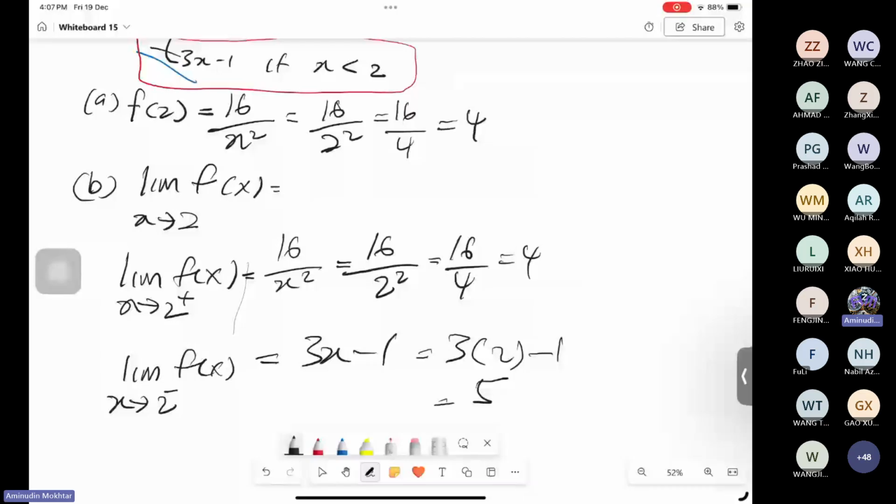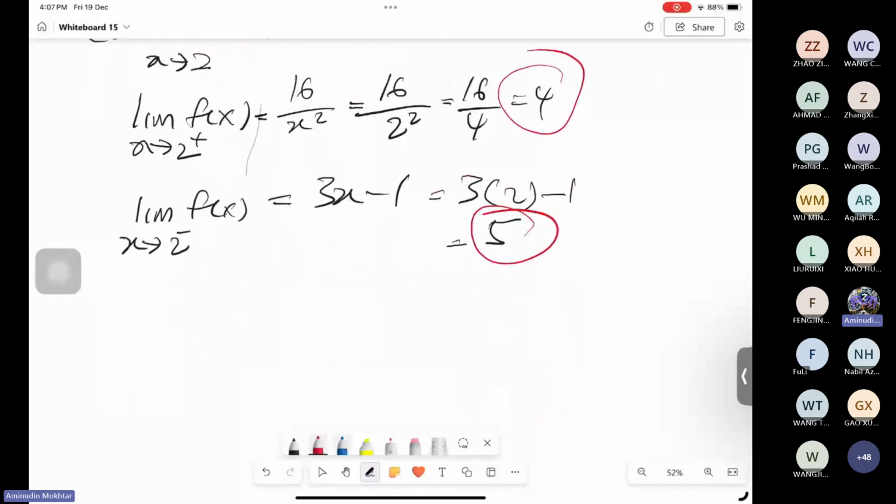So now you can see here the right hand limit is 4 and the left hand limit is 5. Now we want to conclude the continuity.